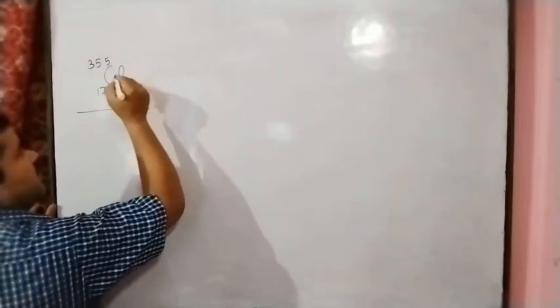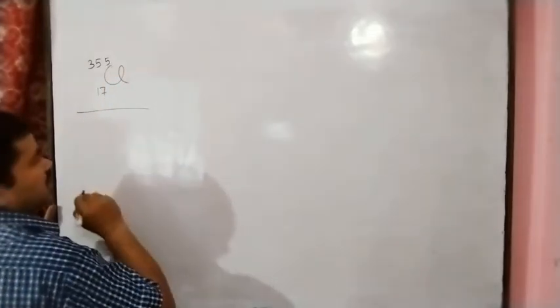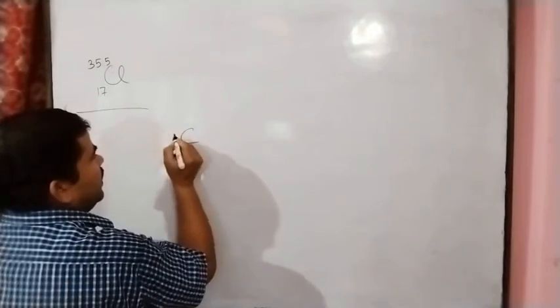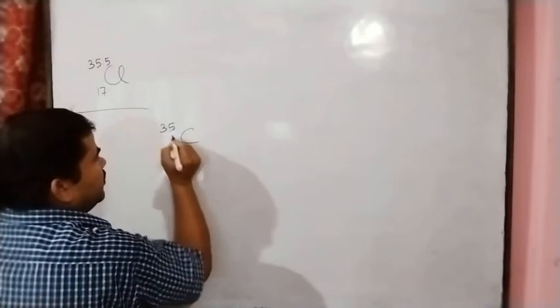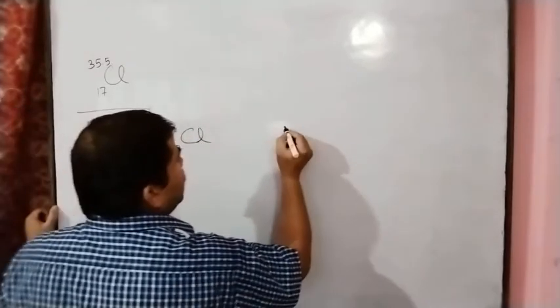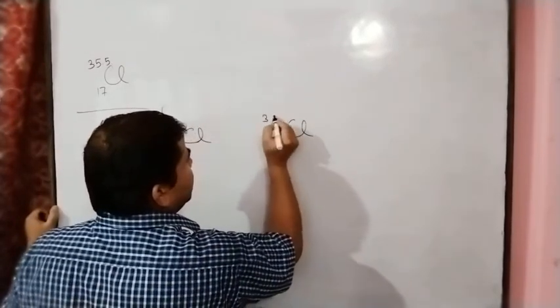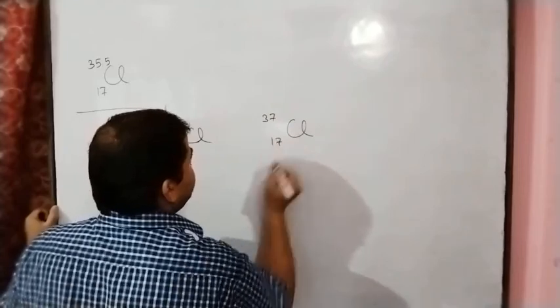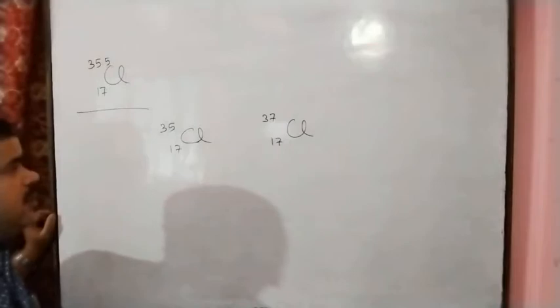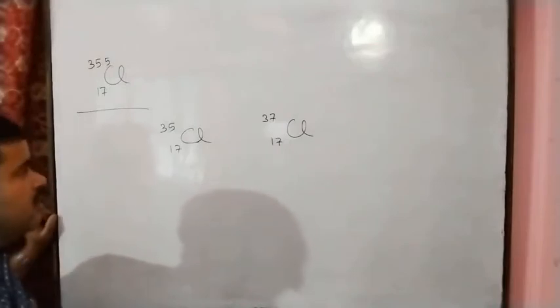So chlorine has two isotopes, chlorine 35 and chlorine 37.